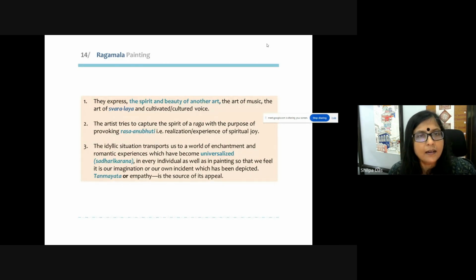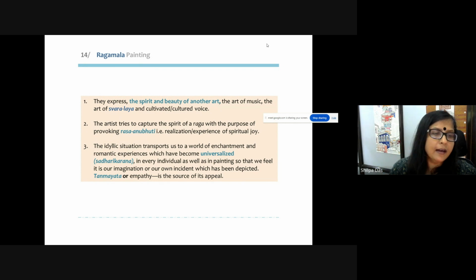In these Rag or Ragini paintings, the artist is trying to capture the spirit of a raga by giving a human embodiment, whether male or female, by anthropomorphizing them, as it is called, and associating certain colors, certain moods, so that you experience the rasa of that painting.